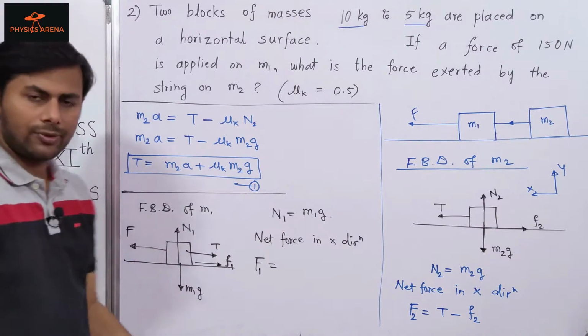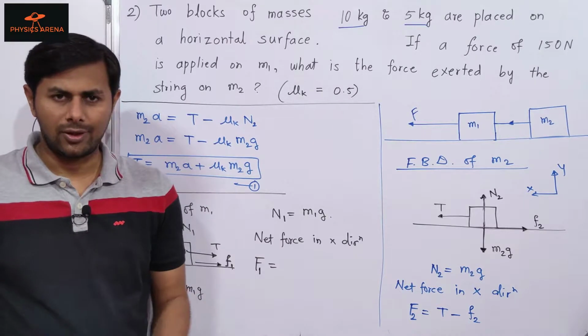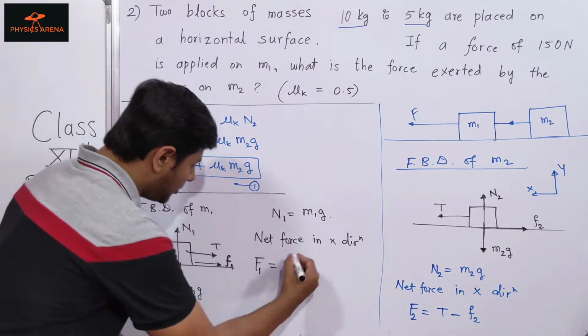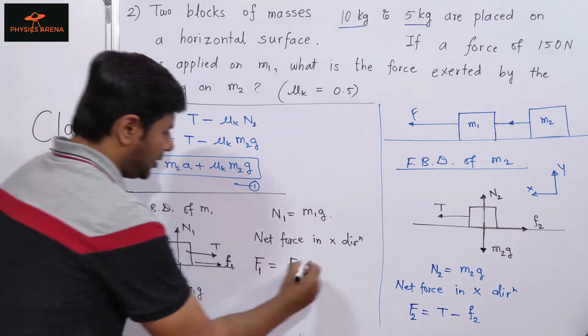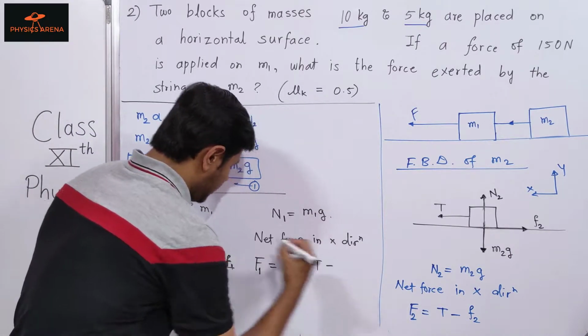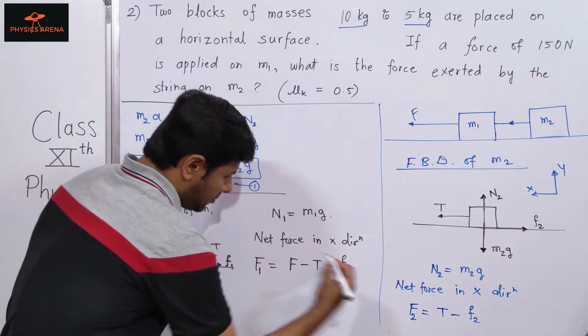So the external force minus tension minus the frictional force. So the external force is capital F minus tension minus this frictional force.